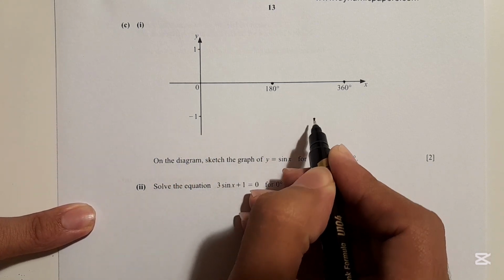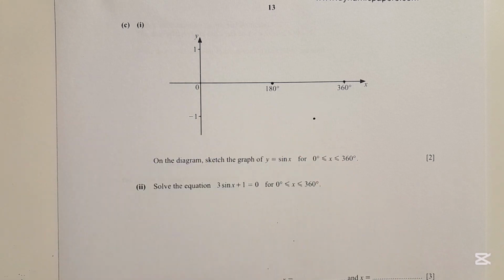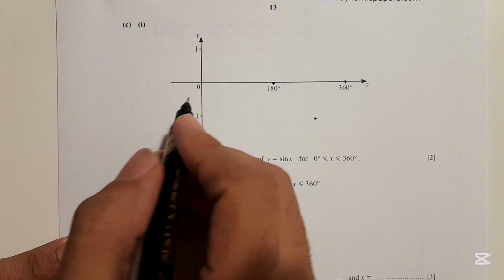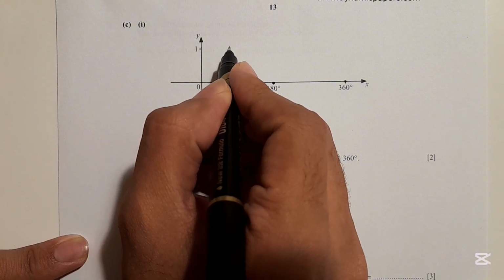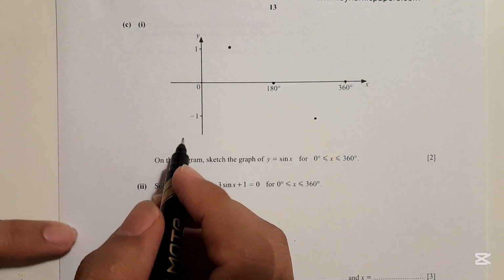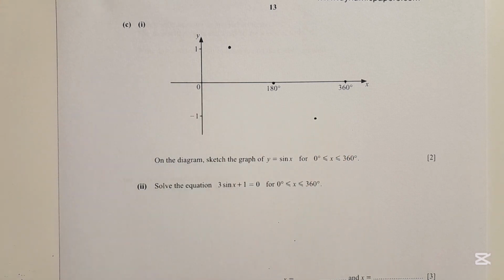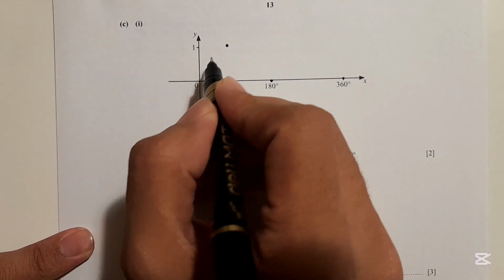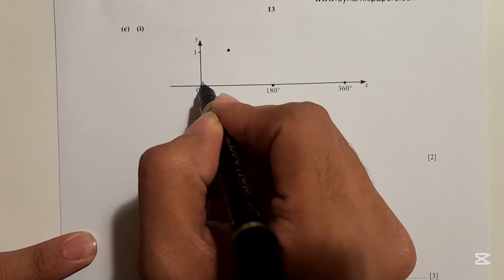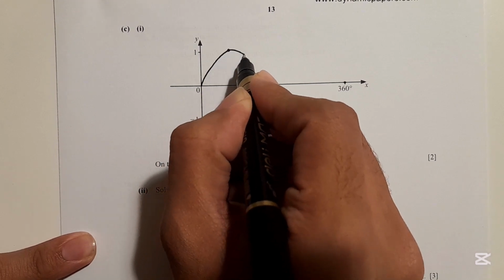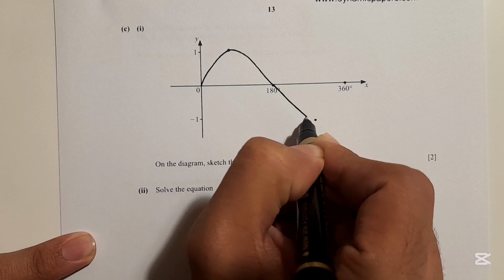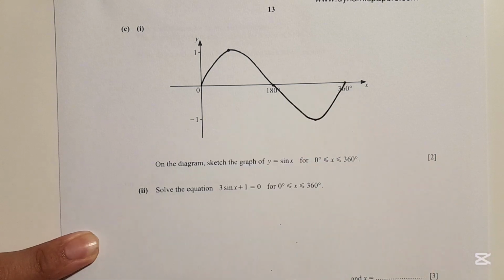Then between 0 and 180 is 90, so that is positive 1. At 0, sine 0 is 0. So we will draw a smooth curve like this. This is the curve that we will be drawing in part 1 of question C.